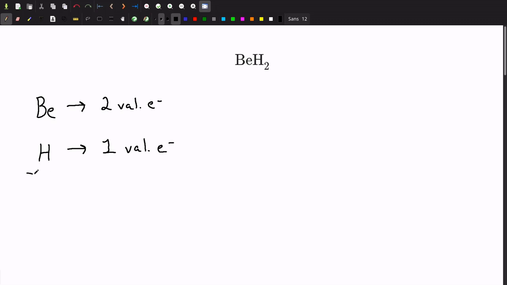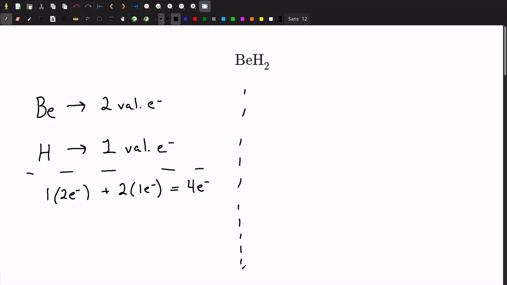This means that in our total bank we get 2 electrons from our 1 beryllium plus 2 electrons from our 2 hydrogens for a total of 4 electrons.